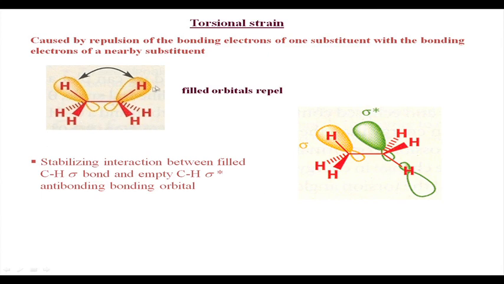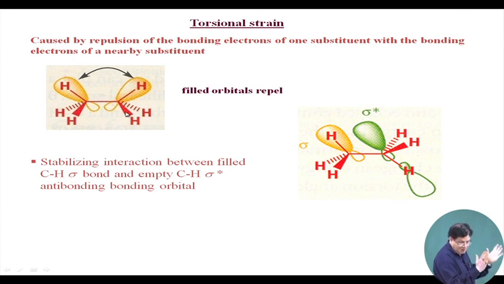not considering the eclipsed form, but the staggered form. Say this is the eclipsed form where the hydrogens, this is beta, that is beta, that means adjacent hydrogens are eclipsing each other. Here I have written the staggered form, this is the hydrogen and the anti hydrogen is this one. On this side this is beta, on this side you have the alpha hydrogen, that means this is the staggered form.